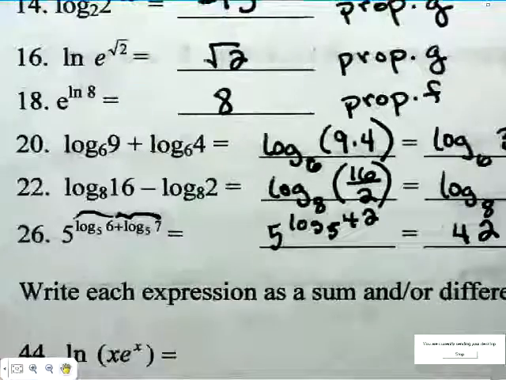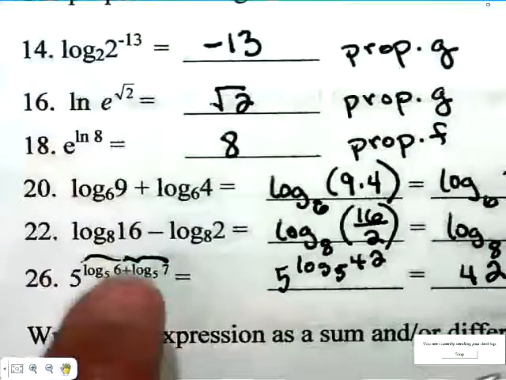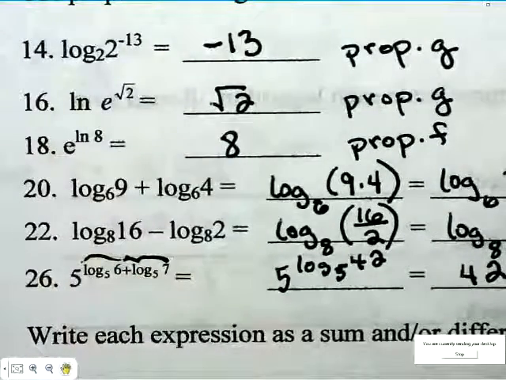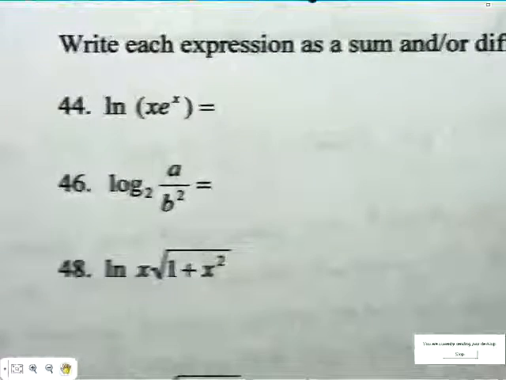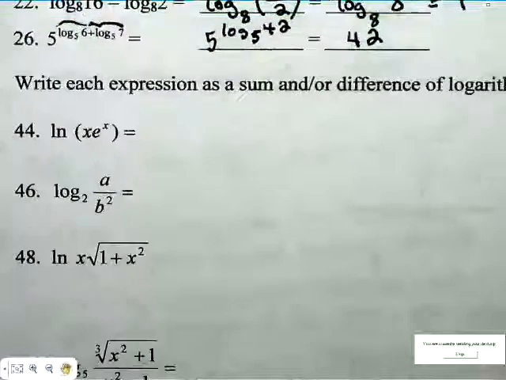All right, the first problems in the homework are evaluating exponential and logarithmic expressions just by knowing that logs and exponentiation undo each other. And then you have some problems that practice taking logarithms apart. Write each expression as a sum or difference of logs.